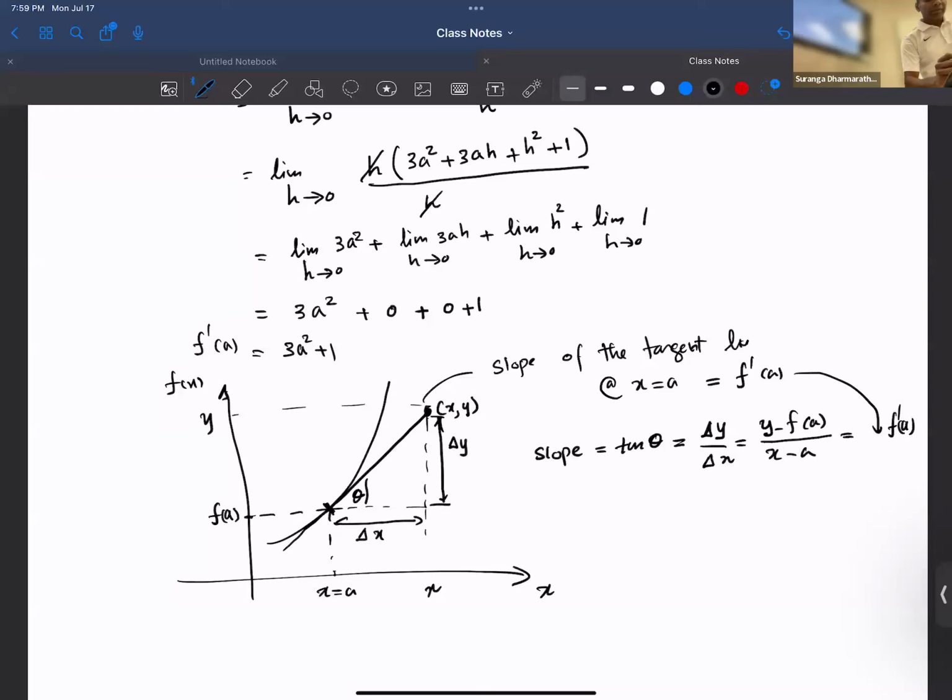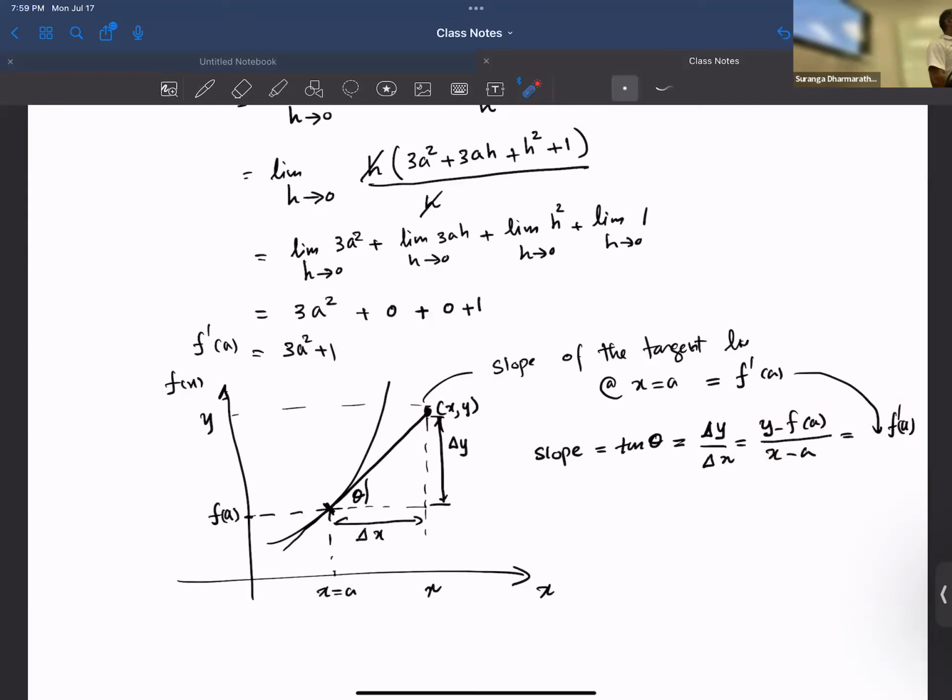Now, this x and y point is just an arbitrary point. This x and y could be any point on this line, right? Does that make sense? This is a general point. So that means this equation is the equation of all the x and y points on this line.